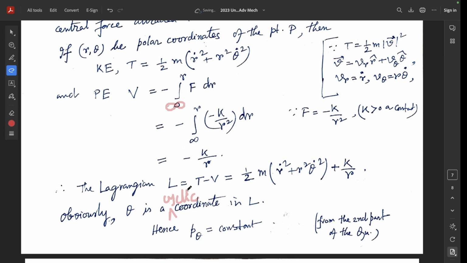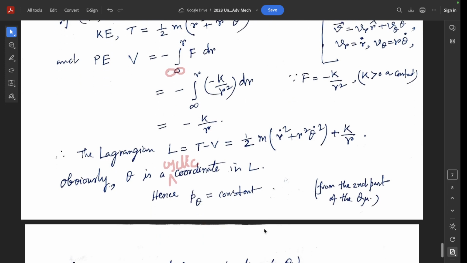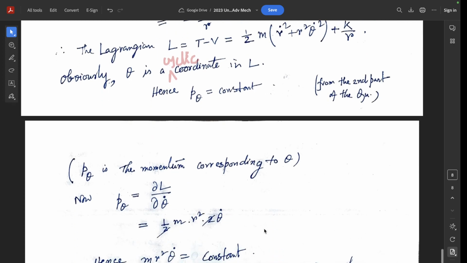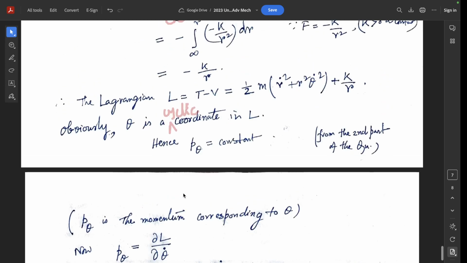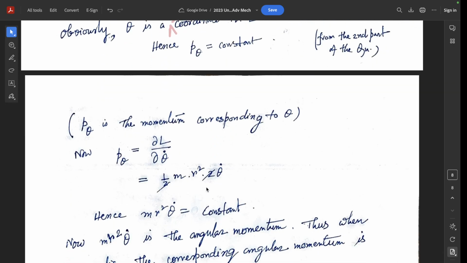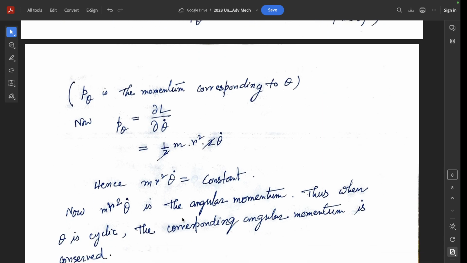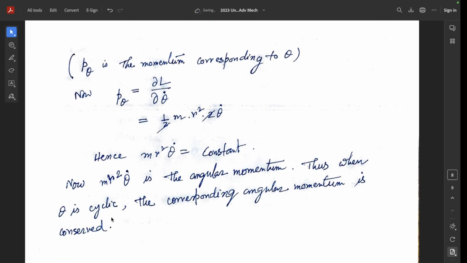From the second part, the corresponding generalized momentum p theta is a constant of motion. Now p theta equals del L by del theta dot, which is m r square theta dot. So m r square theta dot equals a constant. Now m r square theta dot is the angular momentum. Thus when theta is a cyclic coordinate, the corresponding angular momentum is conserved.